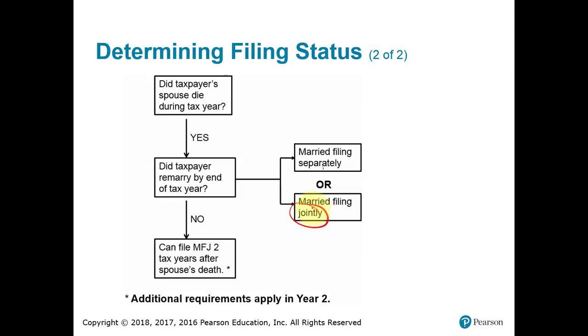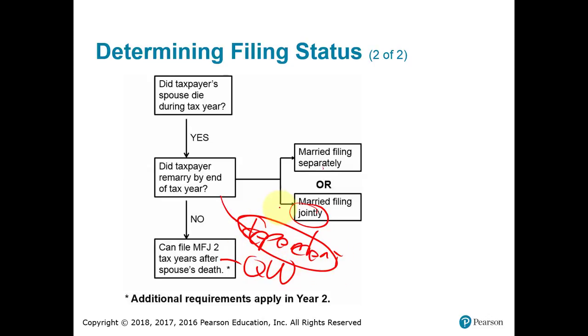Now, if there is a dependent child with our survivor, in the year after the year of death, our taxpayer qualifies for the qualifying widow or the survivor filing status. But you gotta have that dependent child with our survivor.